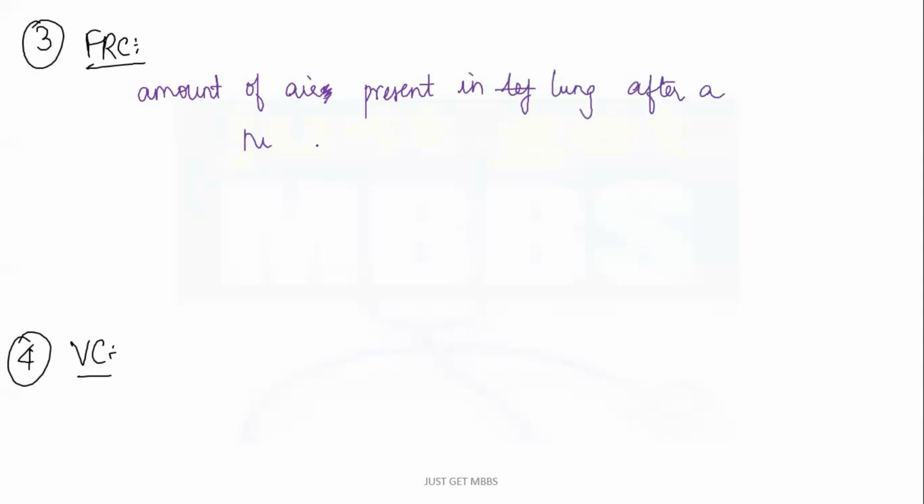Next one is functional residual capacity. So what is residual volume? The amount of air that is present in the lungs after a forceful expiration. Here it is the amount of air that is left out as a residue in the lung after a normal expiration.